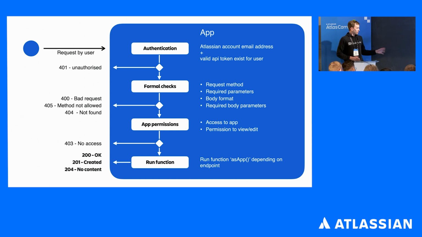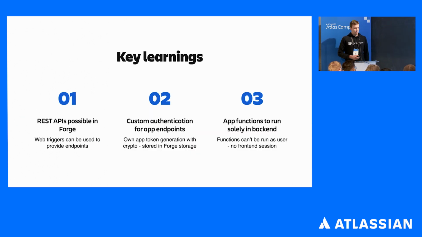Yeah, so this was how we built it. And what we learned was it is possible to create these REST APIs with Forge using web triggers. It's a possible way of implementation. But we can't use the default Atlassian authentication, so the Atlassian API token.